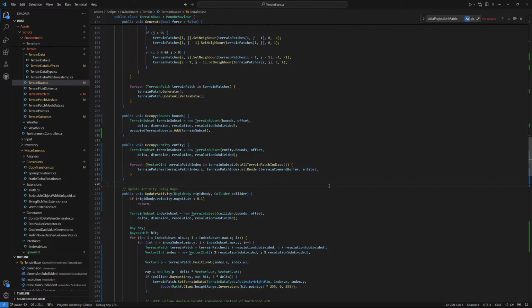Basically what I want to do here is I just want to add them to a list inside of the related terrain patch.